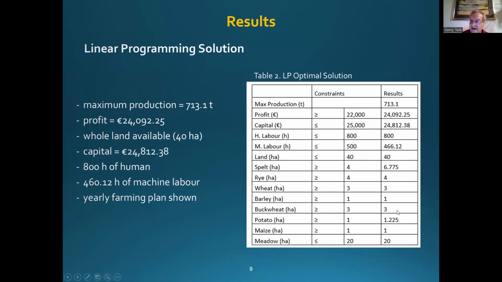In the last 8 rows of this column, we show the optimal yearly farming plan. So, for example, spelt should be planted on almost 7 hectares, and so on.